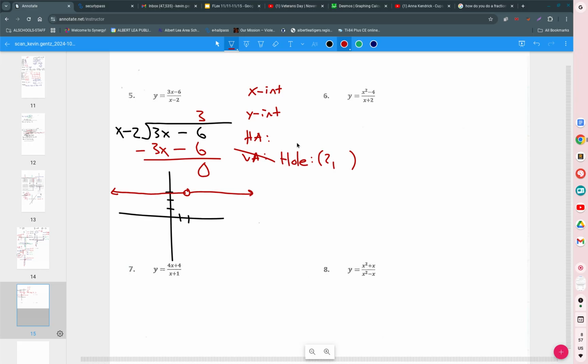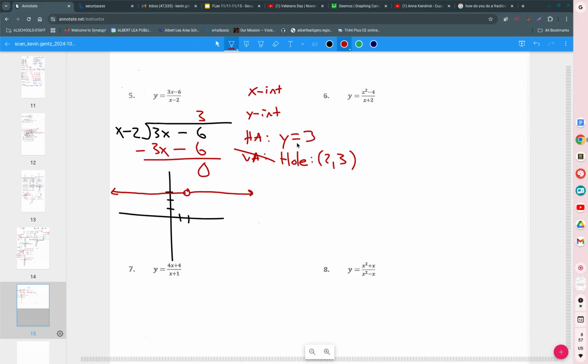So the coordinate for the hole is 2, 3. The horizontal asymptote is just y is equal to 3.